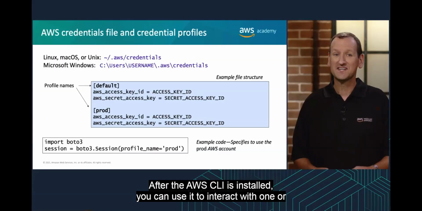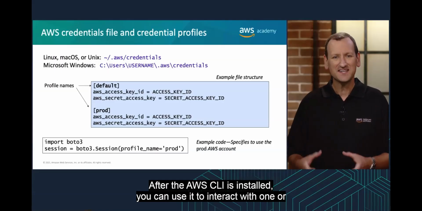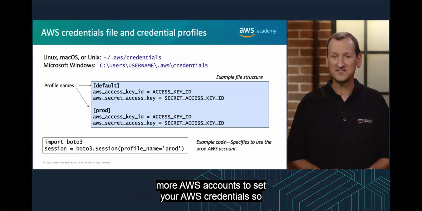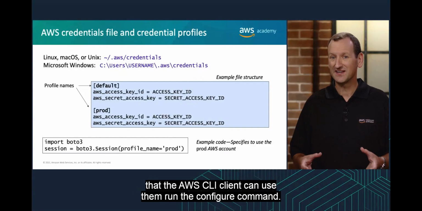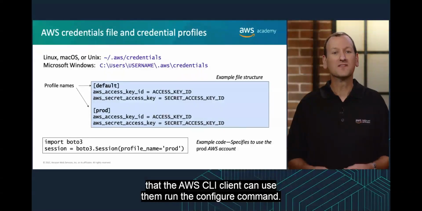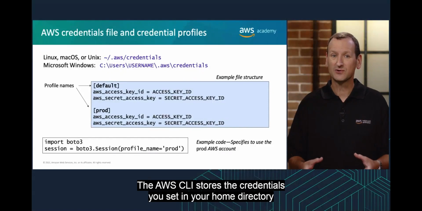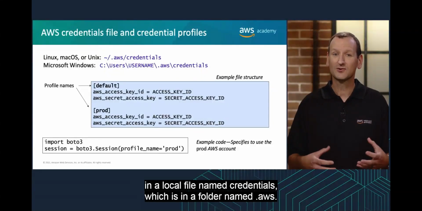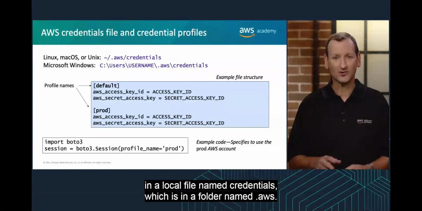After the AWS CLI is installed, you can use it to interact with one or more AWS accounts. To set your AWS credentials so that the AWS CLI client can use them, run the configure command. The AWS CLI stores the credentials you set in your home directory in a local file named credentials, which is in a folder named .aws.